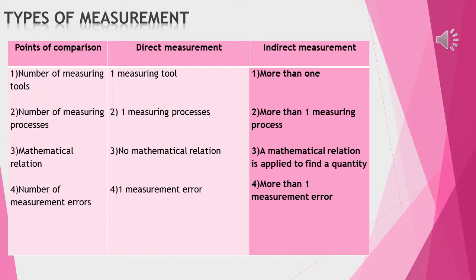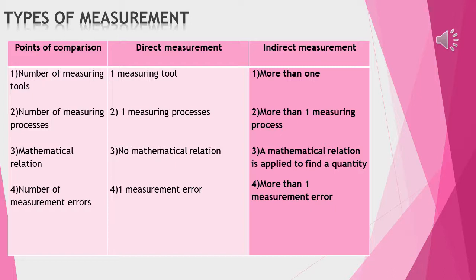We have many steps. Number one, I calculate the mass using the balance. Number two, I measure the length times width times height. Then I divide the mass over the volume. So indirect measurement is more than one step. Direct measurement is just one step. Indirect is more than one step.